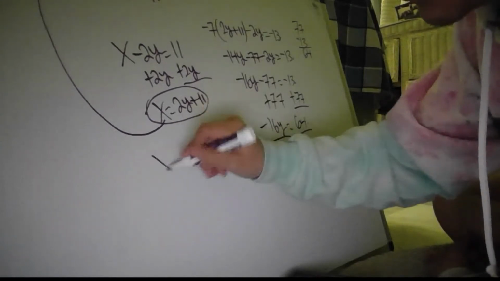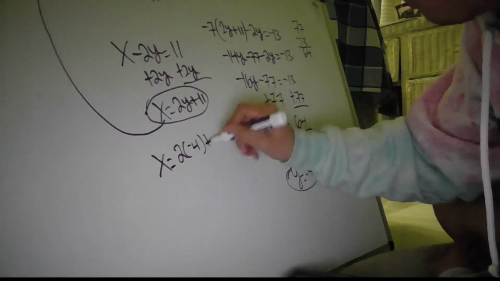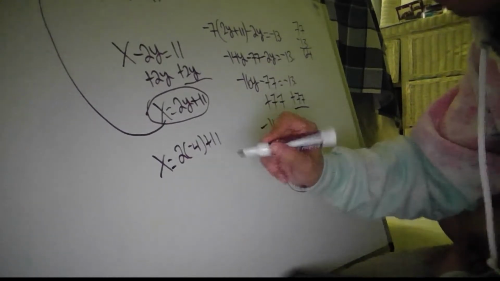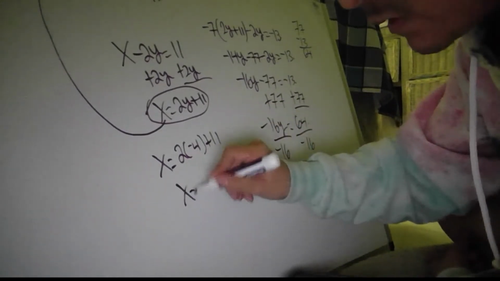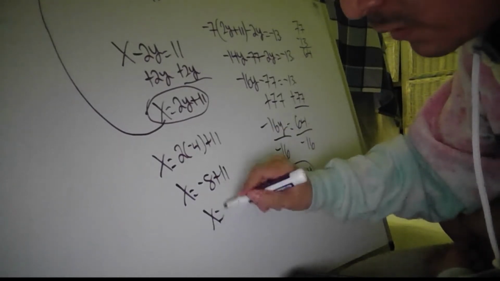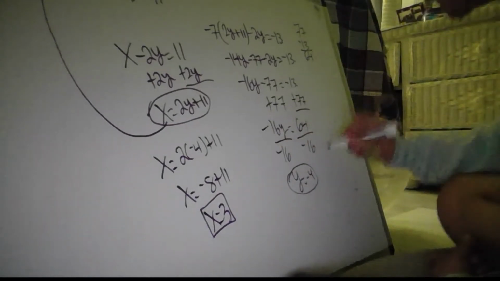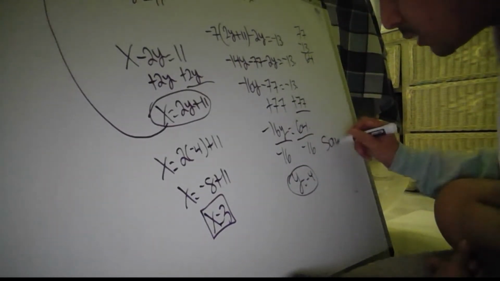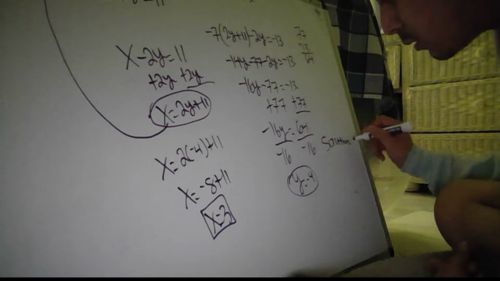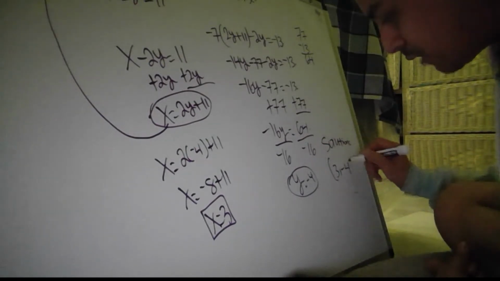And then x equals 2 times negative 4 plus 11. So x equals negative 8 plus 11, so x equals 3. So your solution as an ordered pair is 3, negative 4.